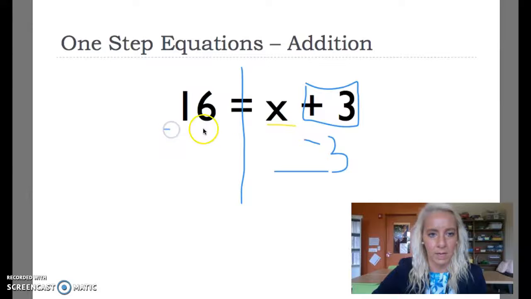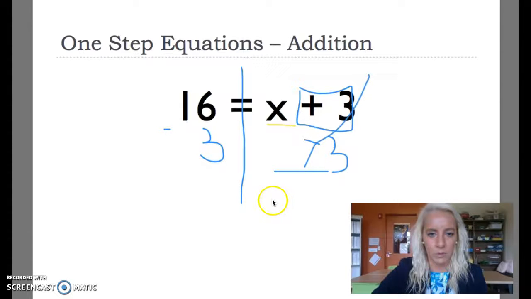So I'm going to subtract 3 to both sides of my equal sign. So on this side, I'm left with x is equal to 16 minus 3, which is 13.